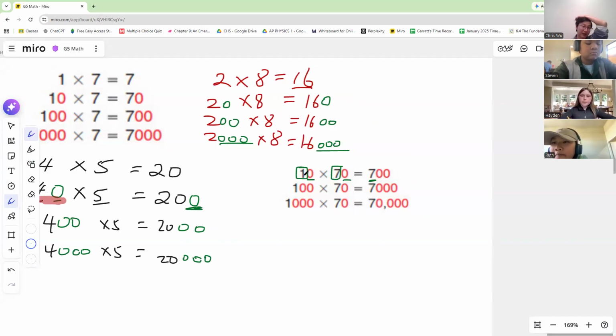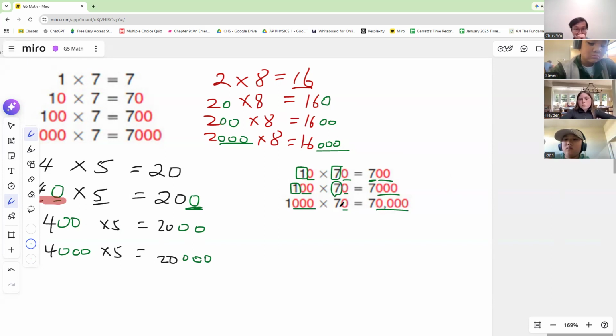So I had 2 extra zeros from both numbers, so I'm going to add 2 zeros together at the end. Okay, and then the second one, same thing. 100 times 70. Well, this is essentially 1 times 7, and then a bunch of zeros, right? And then 3 zeros, 4 zeros together, and 4 zeros at the end.